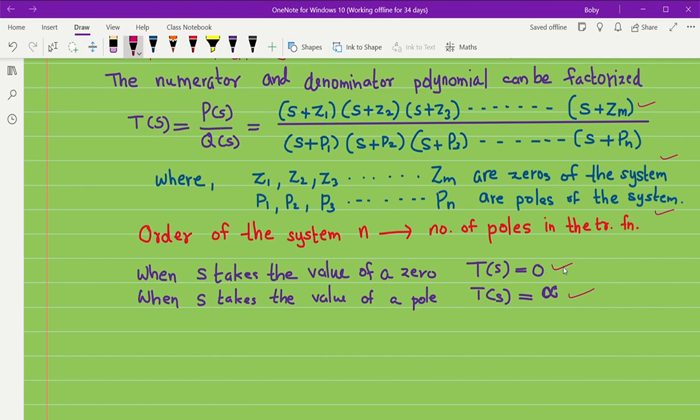So when s takes the value of a zero, T of s becomes 0, and when s takes the value of a pole, T of s becomes infinity. That is the concept of poles and zeros. So the number of poles of the system will be equal to the order of the system. The order of the system is the highest power of s in the denominator polynomial.